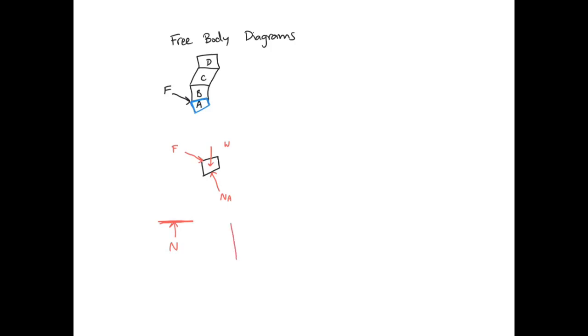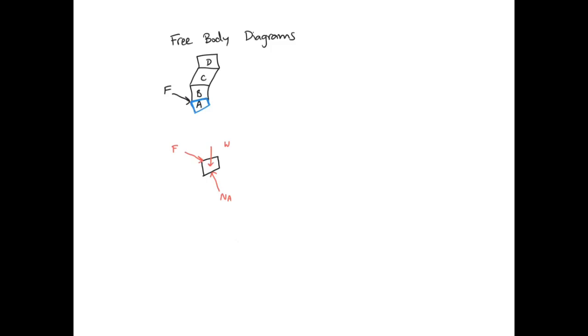If the block was going against a vertical wall, when you take that wall away, the normal force would be perpendicular to where the wall was. So that's just important for the direction of the normal force.